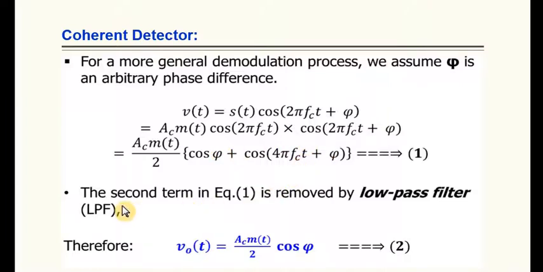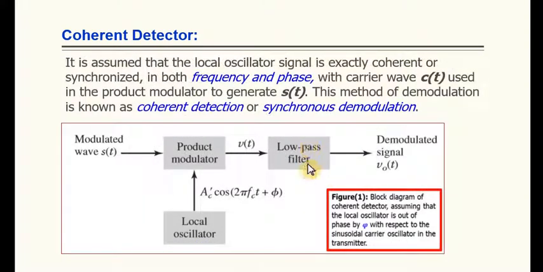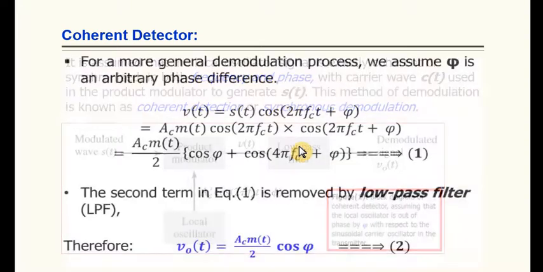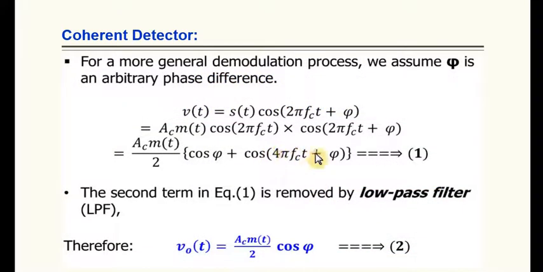The second term in the equation is removed by the low pass filter. We remove this term because it is centered at twice fc.